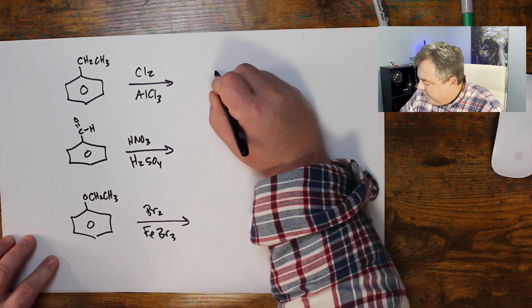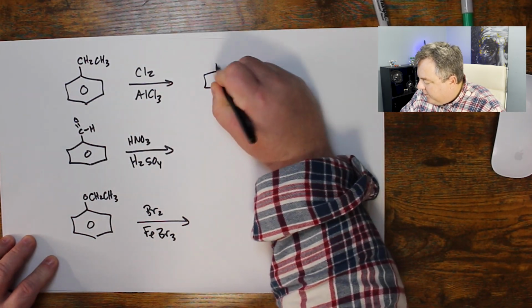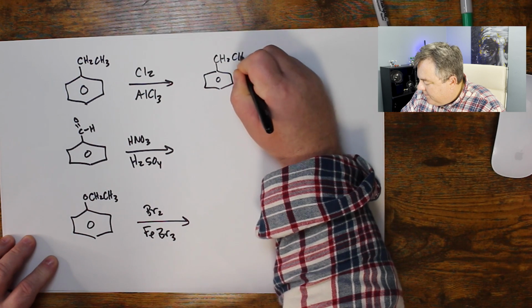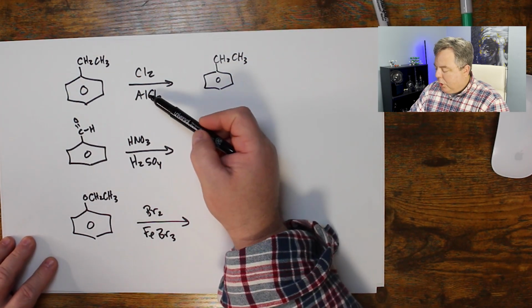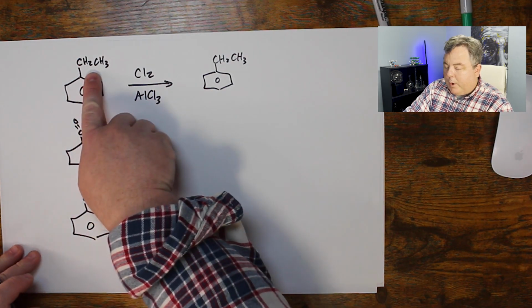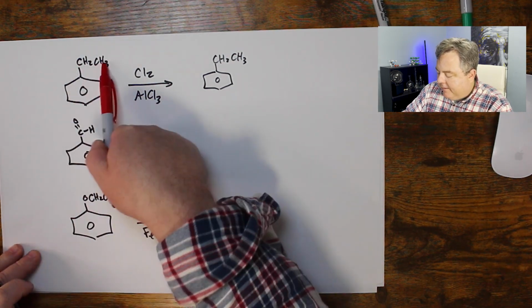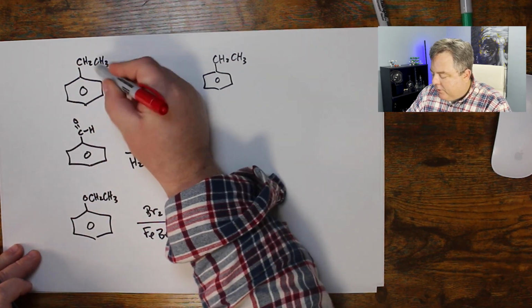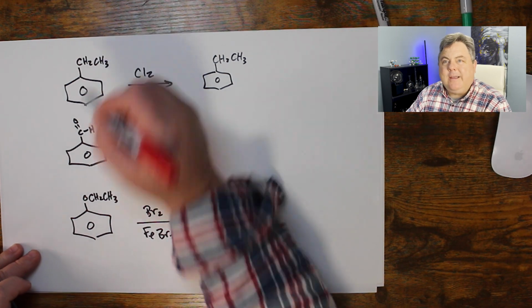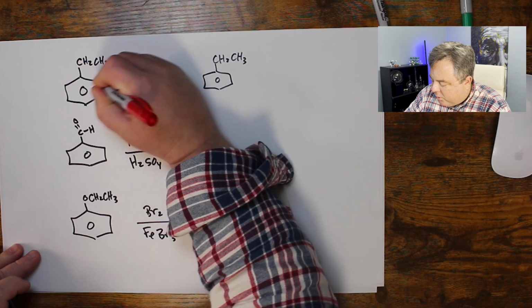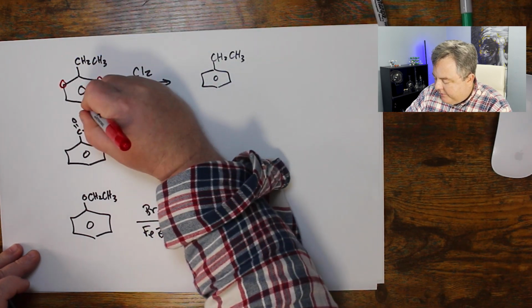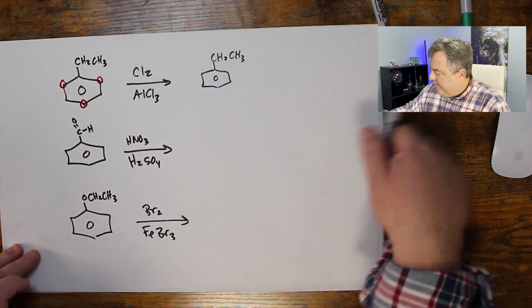So I have ethylbenzene, so I'll draw my ethyl. This chlorine aluminum chloride will put chlorine on. Where will it go? Well, let's see. My alkyl group, my ethyl, that's a donating group. It's ortho para directing. So here are my ortho spots to that ethyl, and here's the para spot to the ethyl.